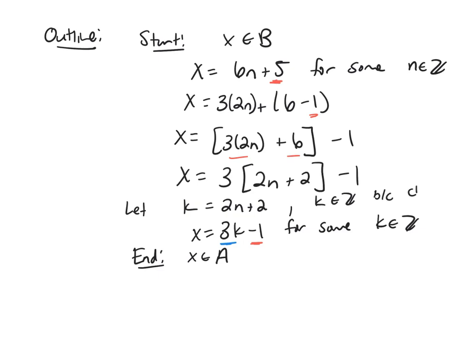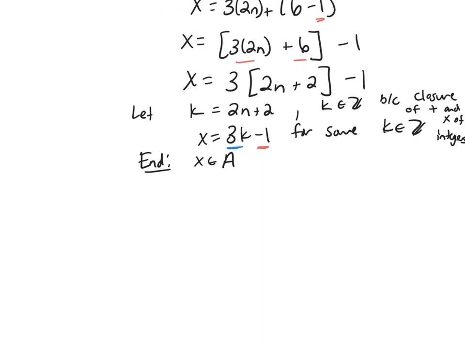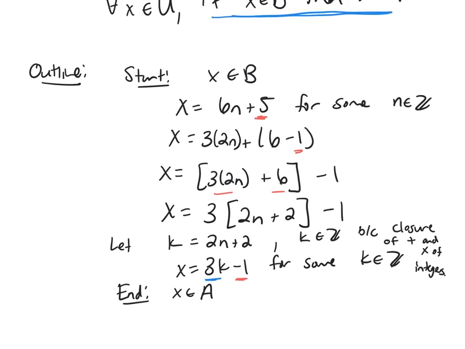Another way to say that is because of the closure of addition and multiplication of integers. And so now we've filled in the gaps in this proof. We just have to write up a formal proof for this statement. So you should write up a paragraph proof of this outline here.